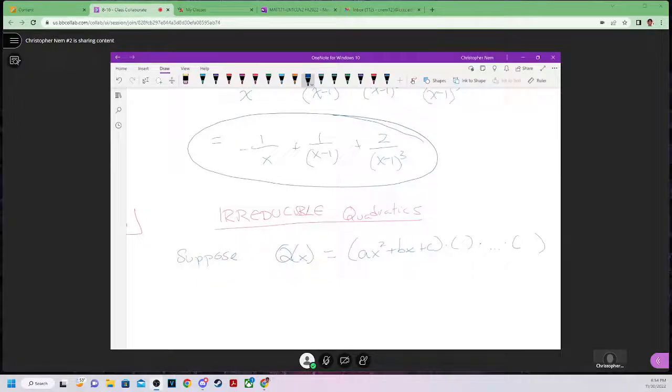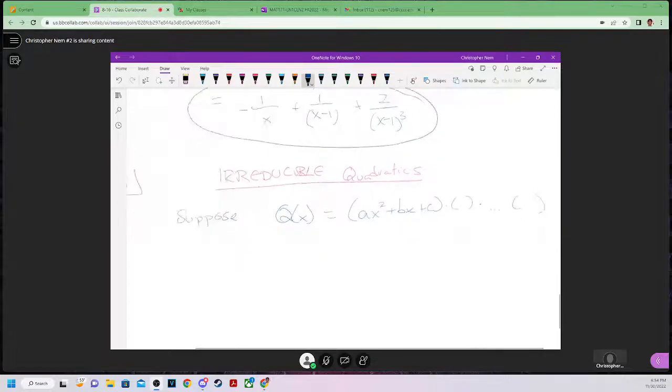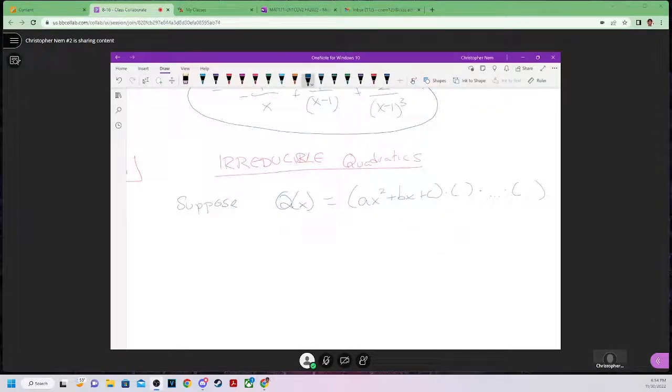Let's suppose I fully factor it out and I have something like this. One of them is a quadratic, but where ax squared plus bx plus c is not factorable, not reducible. An example is x squared plus 9. This right here is not factorable.